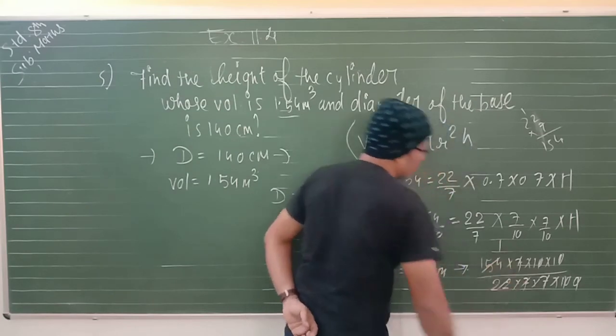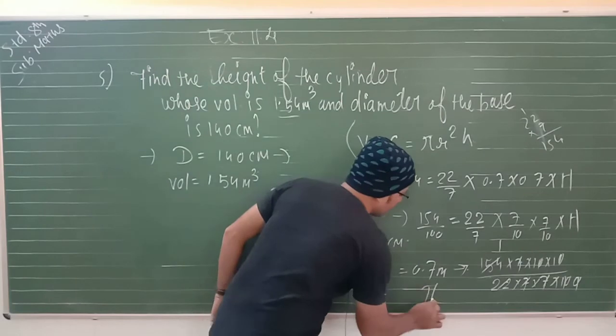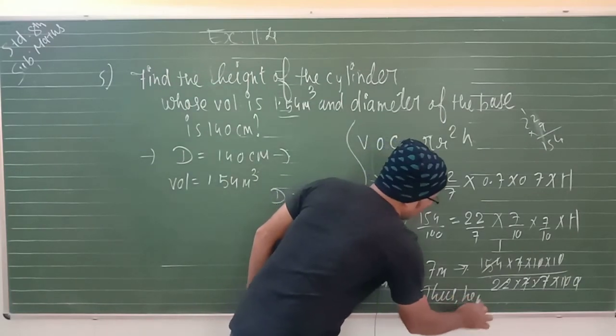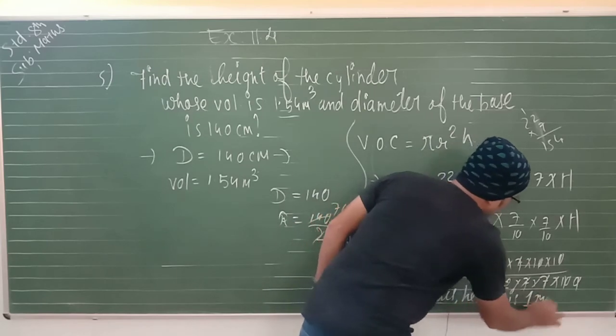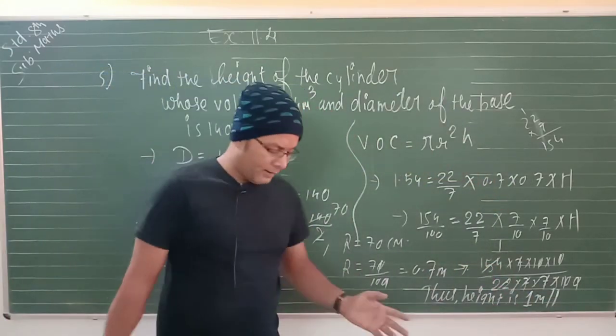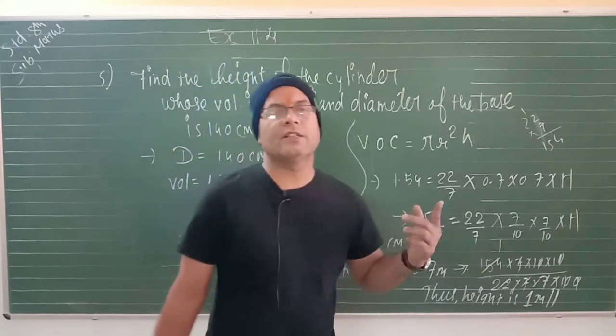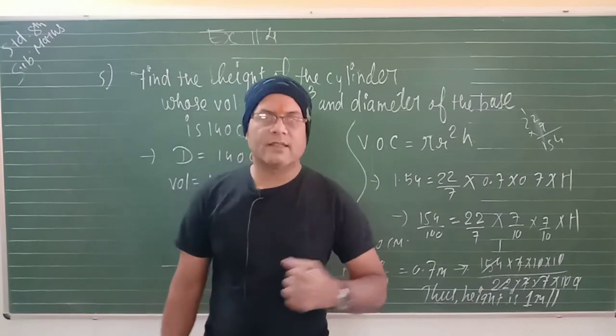So what is left? Only 1. Thus height is 1 meter. So remember, if in the question point is given, you have to turn it into simple fraction form to get the answer. Just take a look.